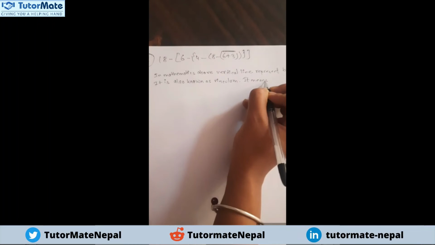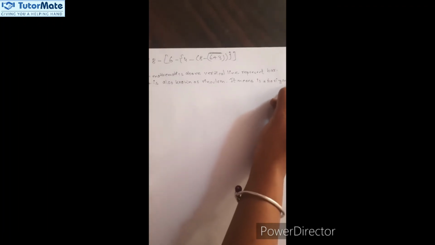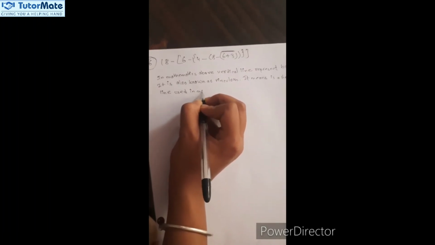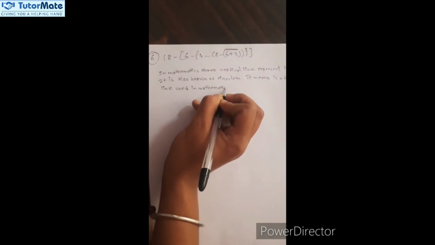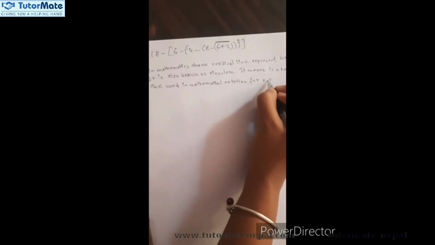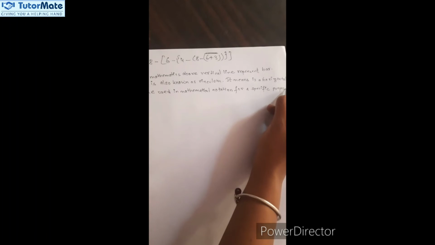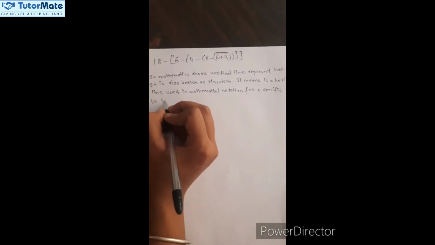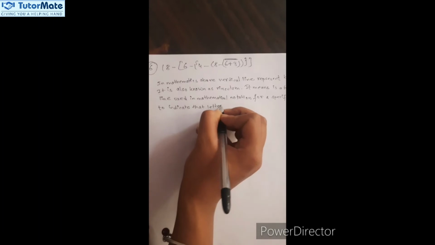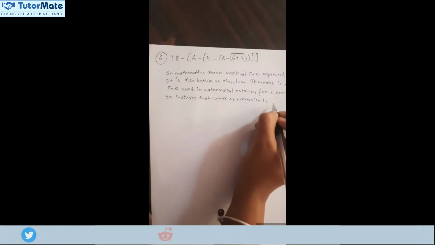It is a horizontal line used in mathematical notation for a specific purpose, to indicate that a letter or expression is grouped together.